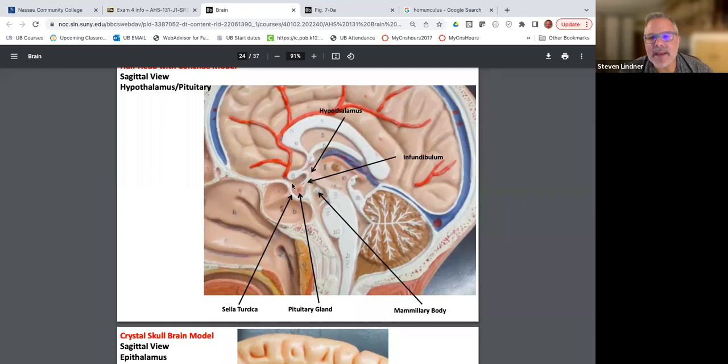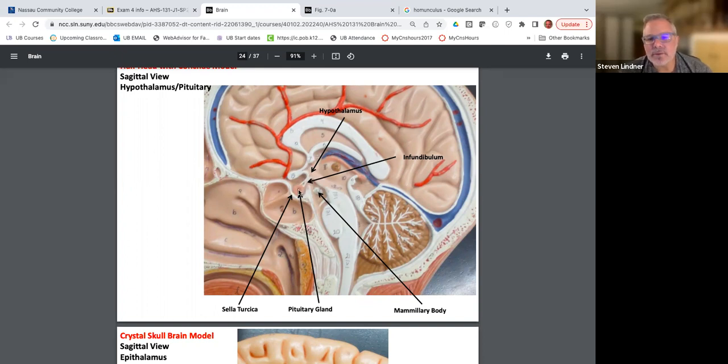The pituitary gland, remember, sits in the sella turcica, or the hypophyseal fossa of the skull. And the connection between the hypothalamus and the pituitary is what we call the infundibulum. It's like the stalk that connects the hypothalamus to the pituitary.